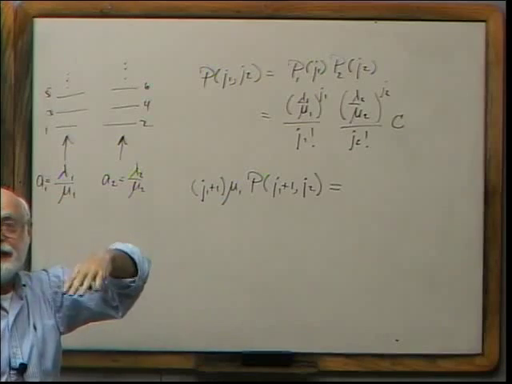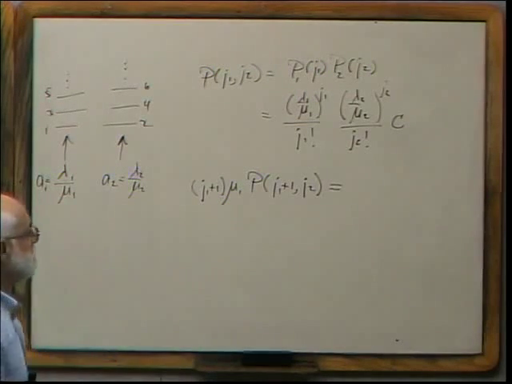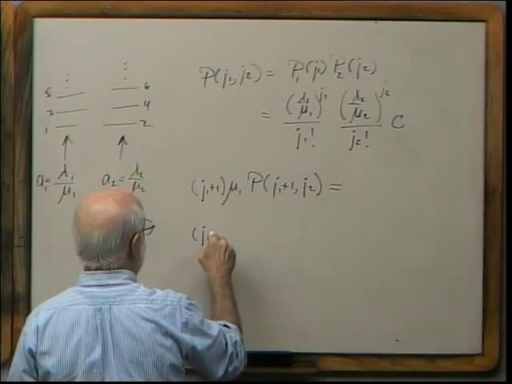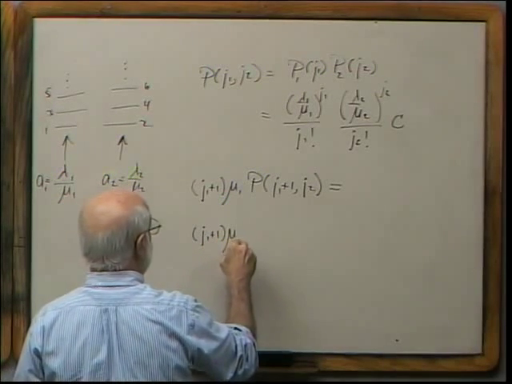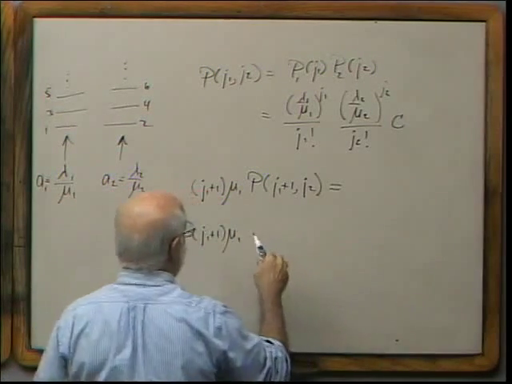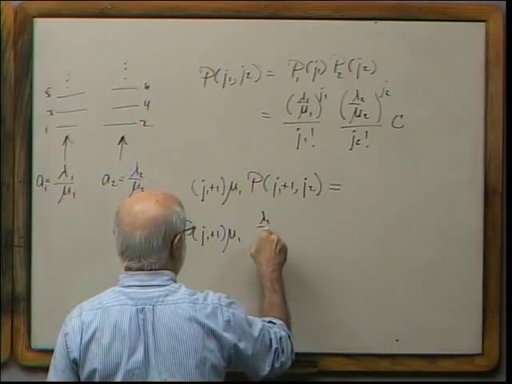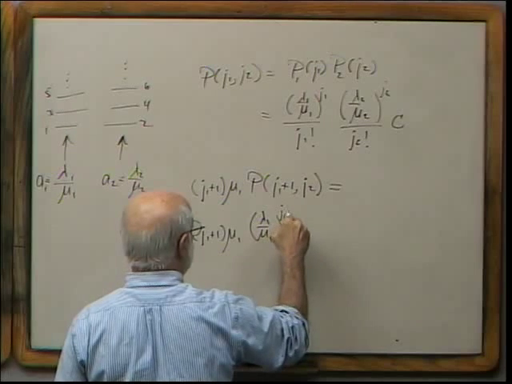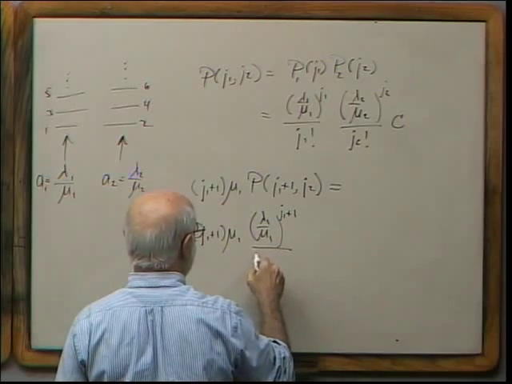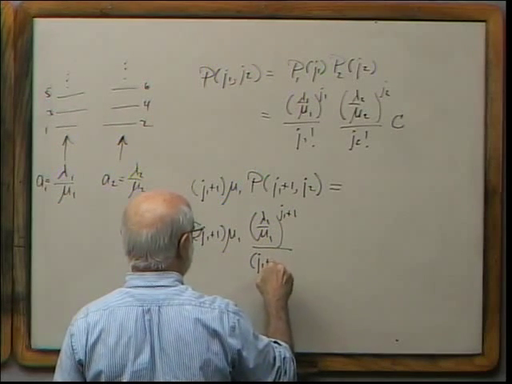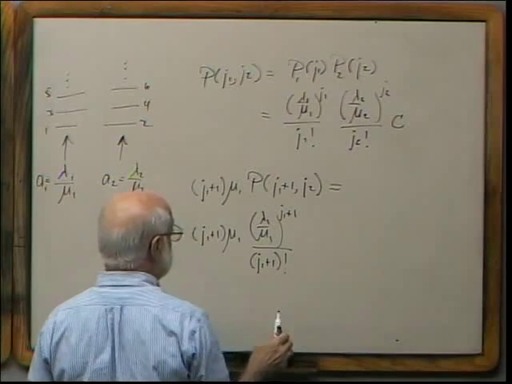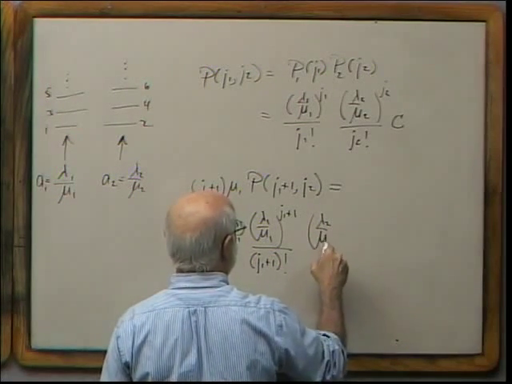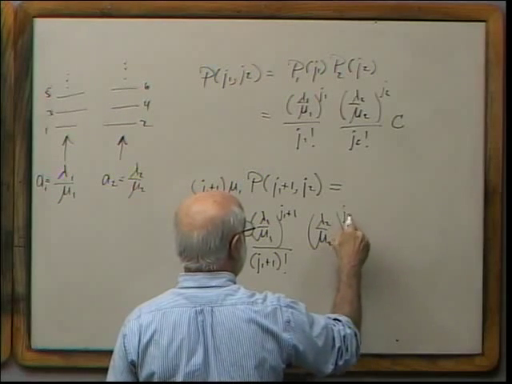Okay, so what do we get? We get (J1 plus 1) mu 1. Now what do we have here? We have (lambda 1 over mu 1) to the J1 plus 1 over (J1 plus 1) factorial, times (lambda 2 over mu 2) to the J2 over J2 factorial times the constant.